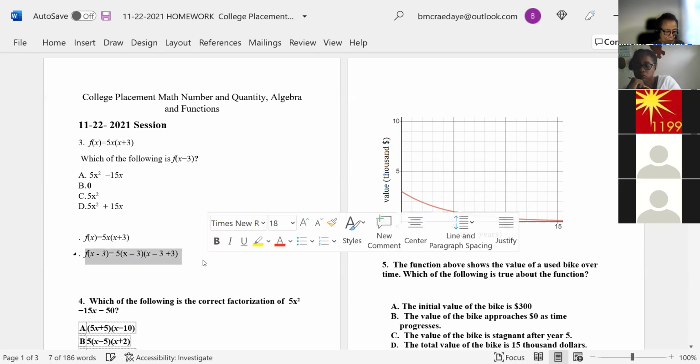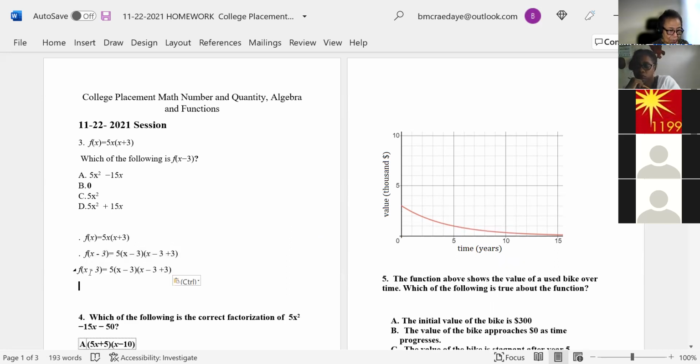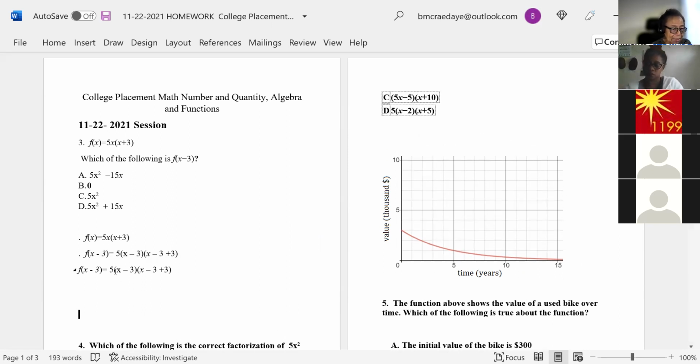5 times x is 5x minus 3 is 2x. No, we're talking multiplication here. So what is 5 times x minus 3? 5 times x is 5x.